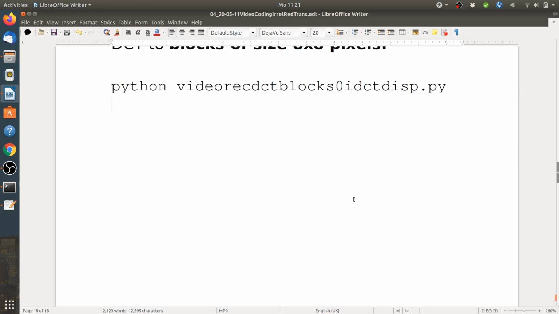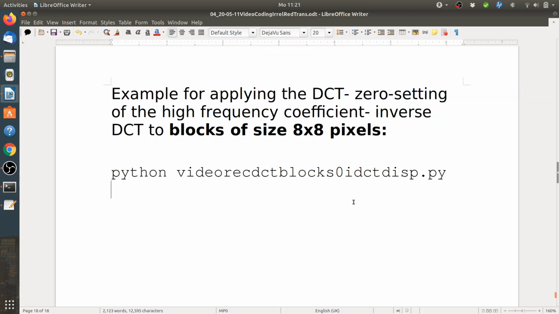So this also shows, instead of applying the DCT to the entire image, we can also apply it to smaller blocks of size 8 by 8. And that saves us computation and also will allow us to apply motion compensation later. So for video coding, that's an important property.